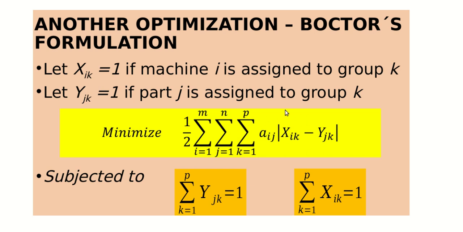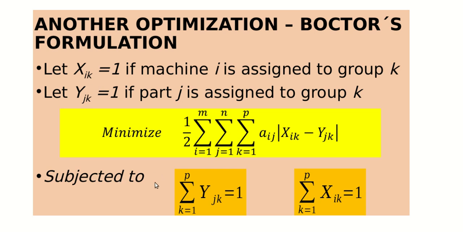It's counting twice actually, that's why you need 1/2 here. Remember that k goes from 1 to p, j goes from 1 to n, where n is the number of parts, i goes from 1 to m, where m is the number of machines. That is the second part of our formulation.